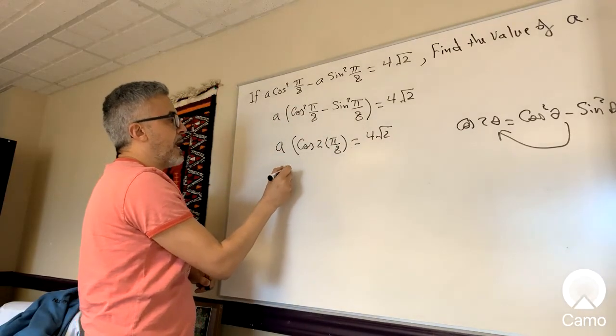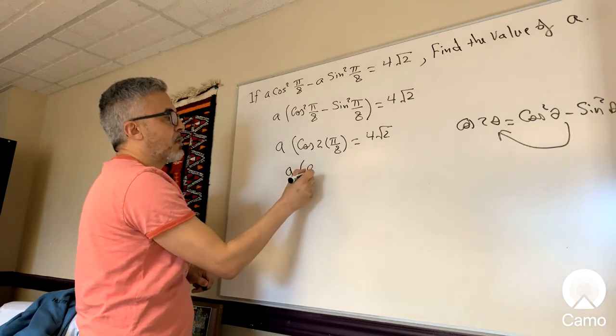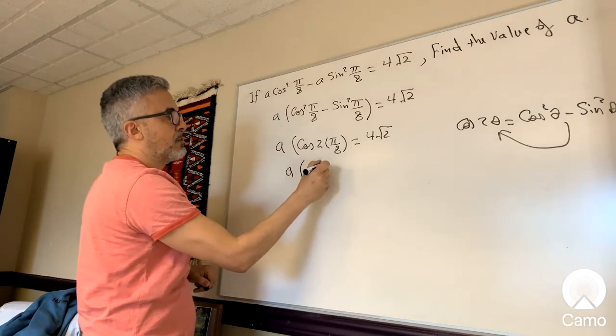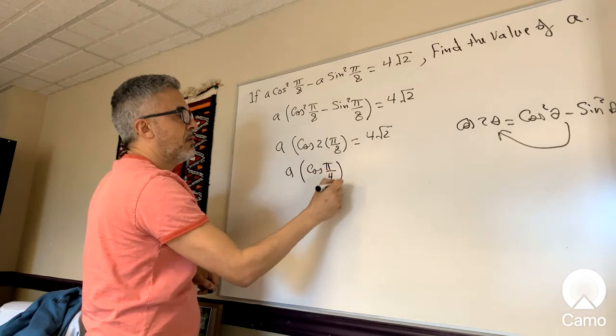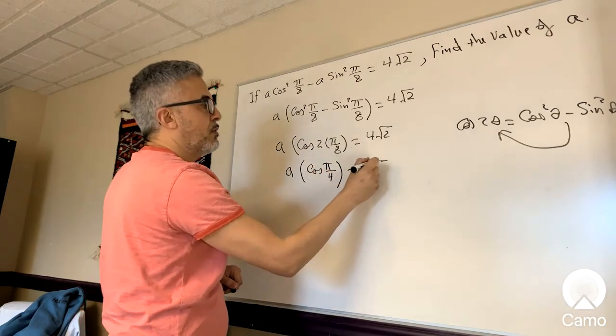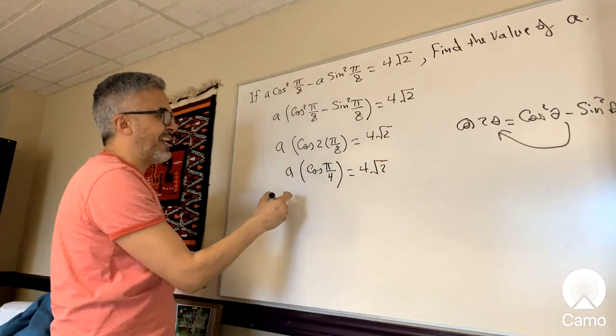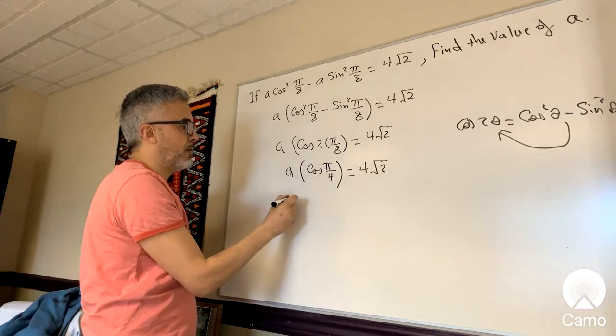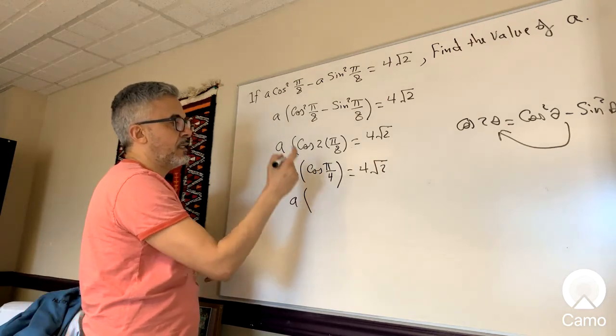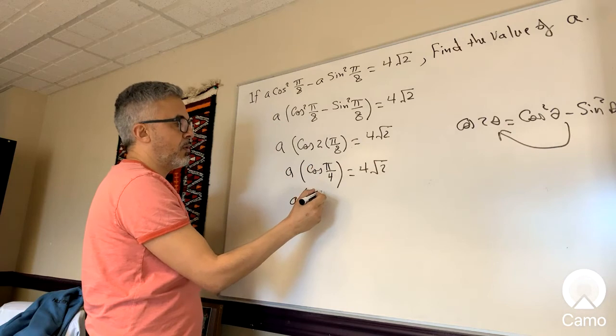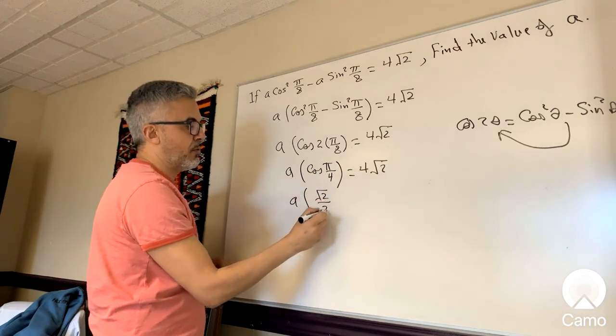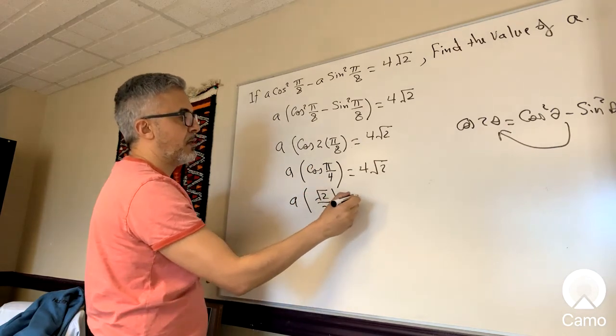That will give me a times cos, which reduces to cos pi/4, which equals 4√2. Now, if you remember, cos pi/4 is 1/√2, or √2/2 if you want to rationalize the denominator, equals 4√2.